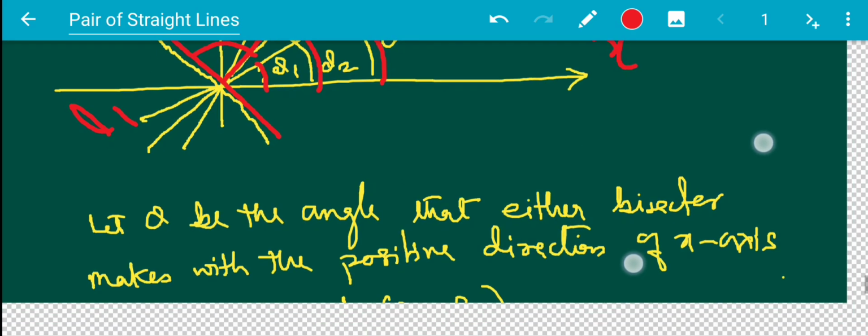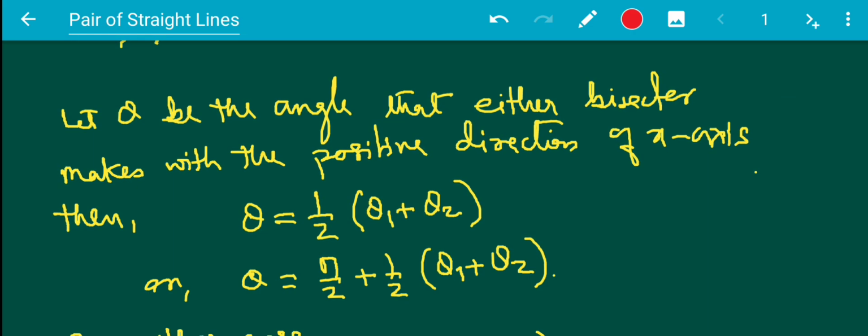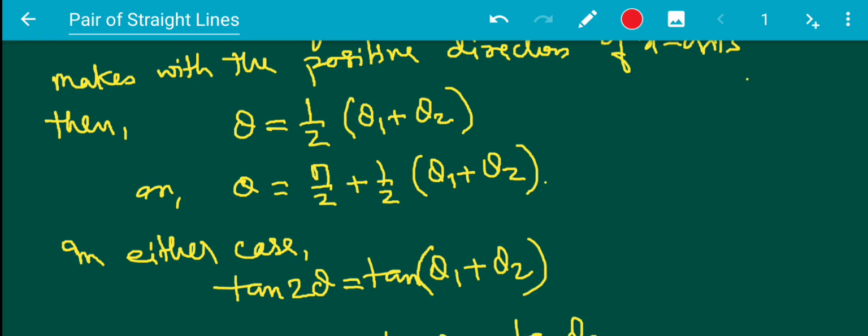Okay, let theta be the angle that either bisector makes with the positive direction of x-axis. Then theta is equal to half of theta 1 plus theta 2, or as I said, if you add 90 degree, it will give the angle of another bisector. So theta is equal to pi by 2 plus half theta 1 plus theta 2. So in both the cases, tan 2 theta is equal to tan theta 1 plus theta 2. Okay, this is clear.